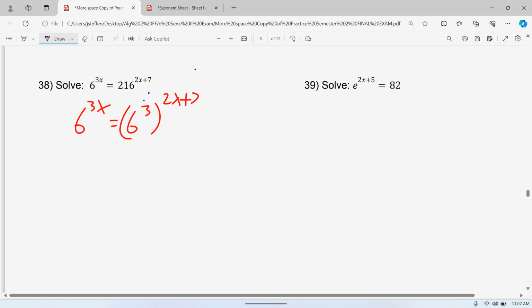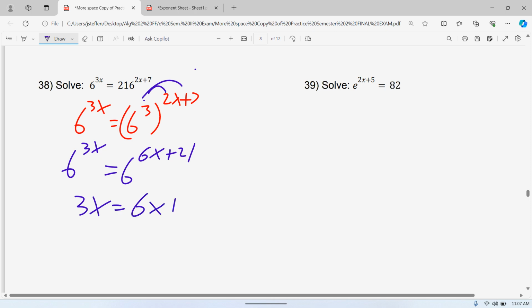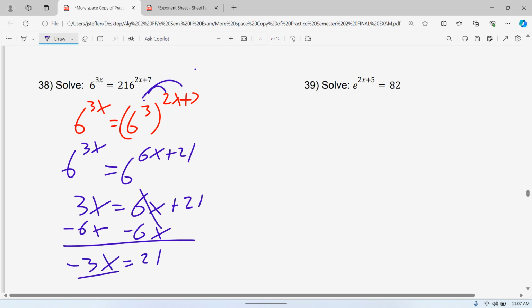So that's actually 6 raised to the 3x is equal to 6 raised to the 6x plus 21. The bases are the same, so 3x is equal to 6x plus 21. Subtract 6x, negative 3x is equal to 21. X is equal to negative 7 for that one.